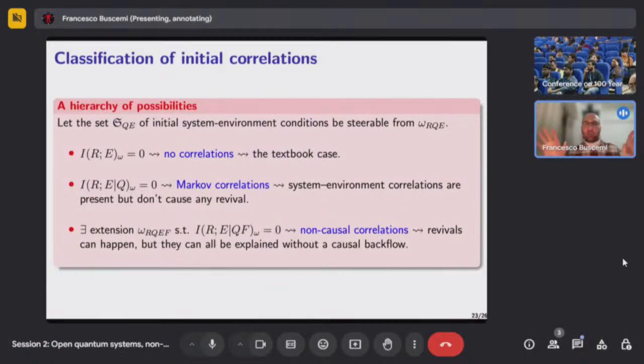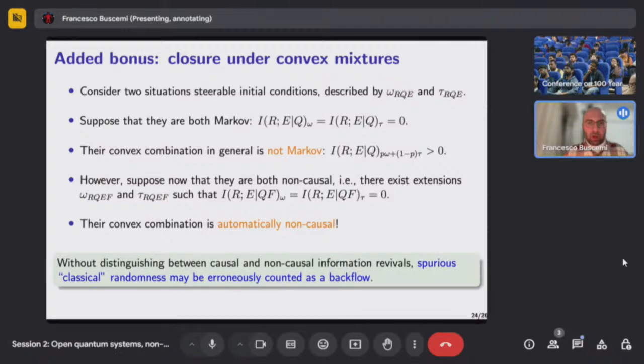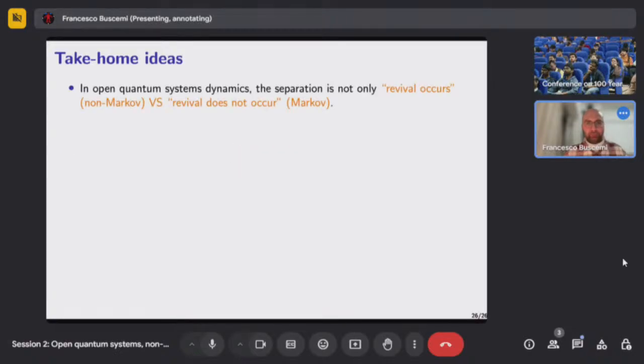You have total correlations, you have genuinely quantum correlations, for which you use entanglement in order to quantify them, and then you have what is left out, which you can call, for example, classical correlation. So let me skip this part and let me go to the conclusion.